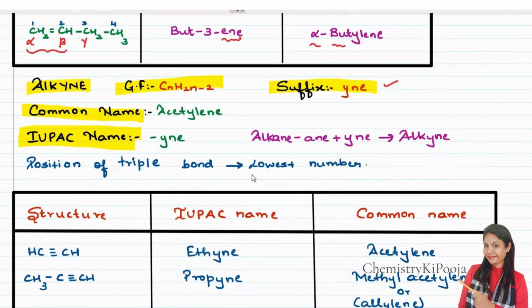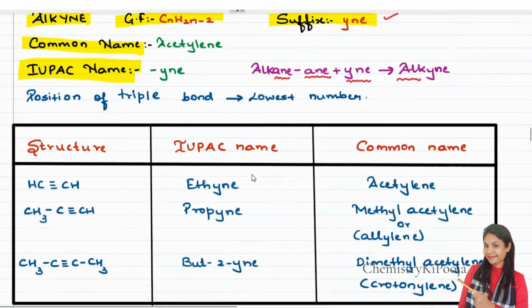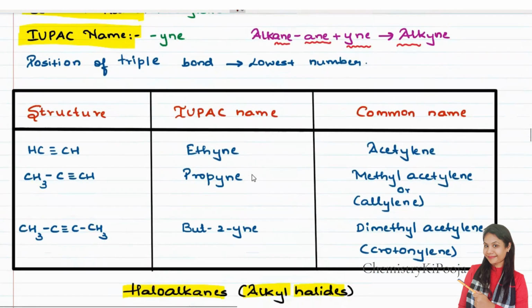That is, from alkane, remove ANE and add YNE. So I'll be getting alkyne. Clear? And of course for alkyne, the position of the triple bond is very important, right? And we know that again the position of the triple bond should be lowest.